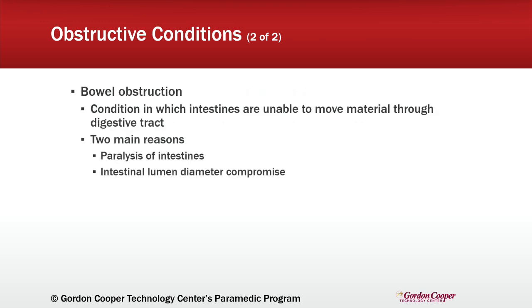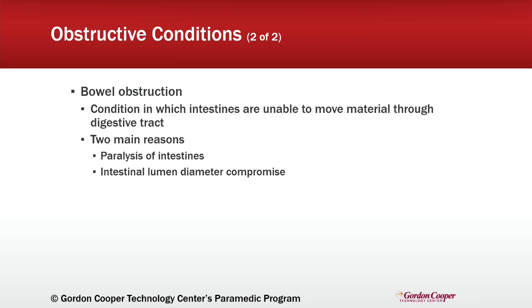Bowel obstructions occur when the intestines cannot move material through the digestive tract. There are two main causes for this. One is paralysis of the intestines, which can result from things like an infection, maybe kidney disease, or impaired blood flow. Even medications can cause this, such as narcotics or anesthetics.